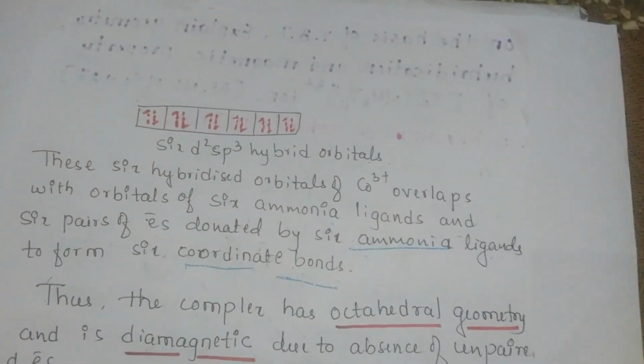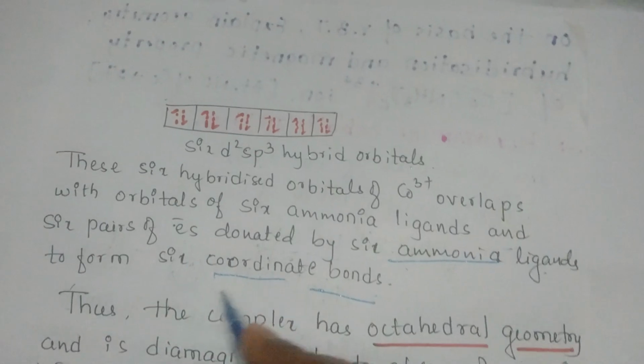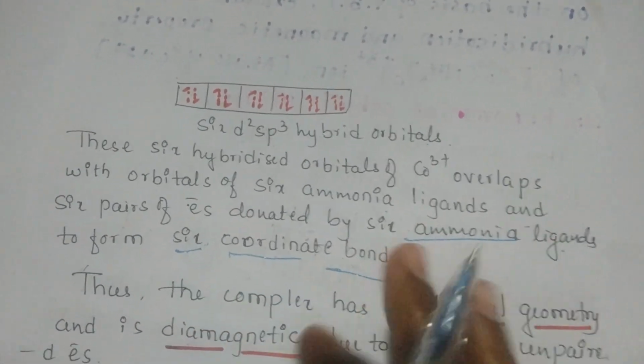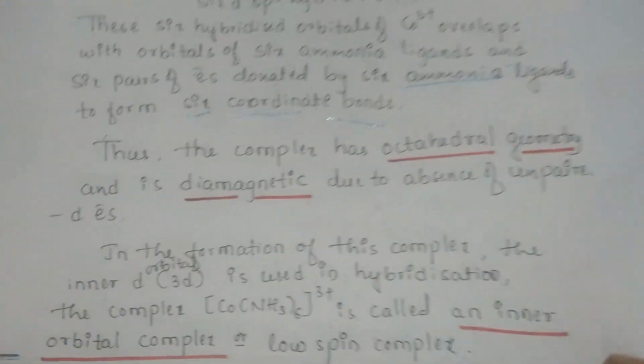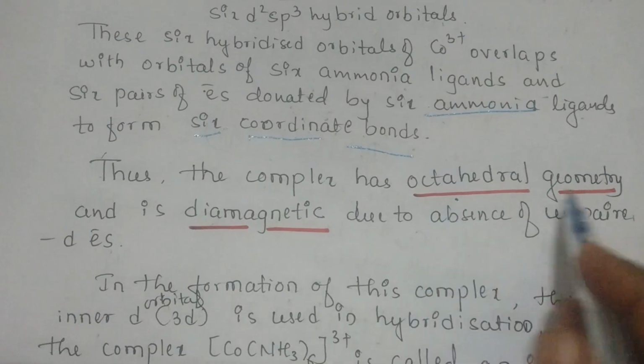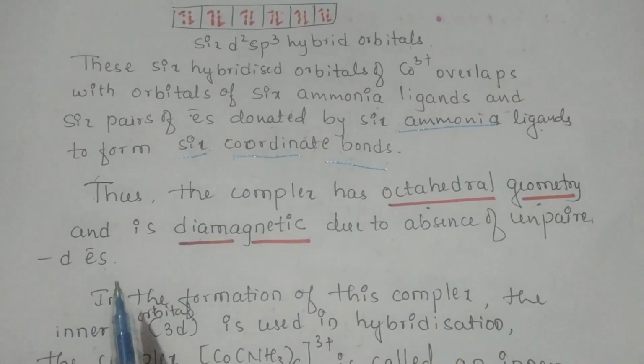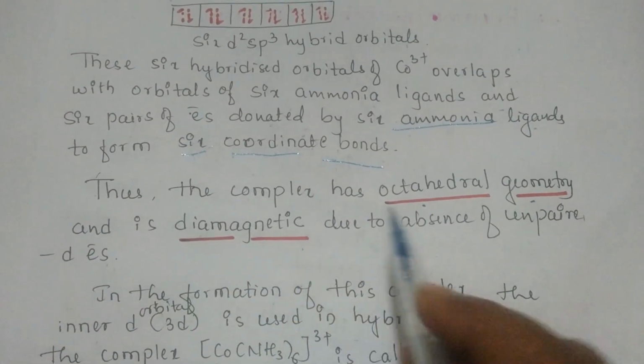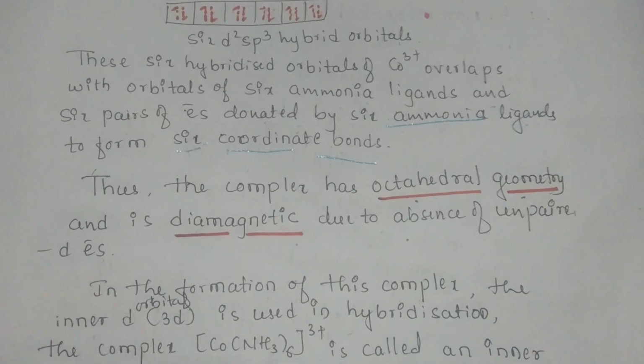So there is a formation of a bond. How many bonds? 6 coordinate bonds. Thus the complex has an octahedral geometry and is diamagnetic due to the absence of unpaired electrons.